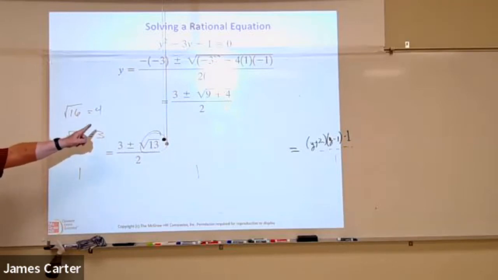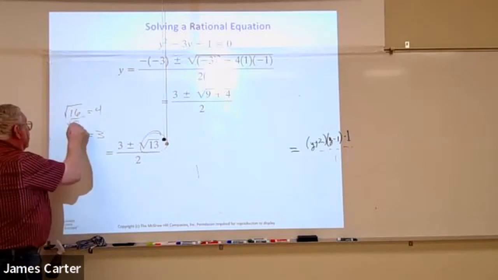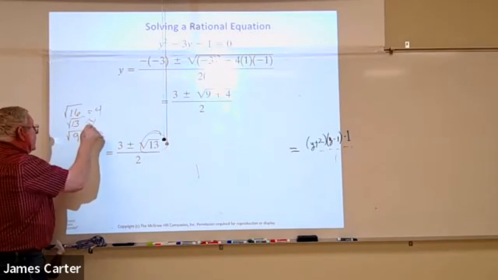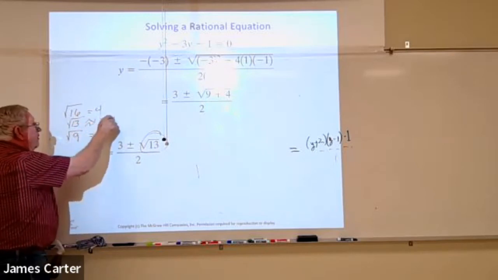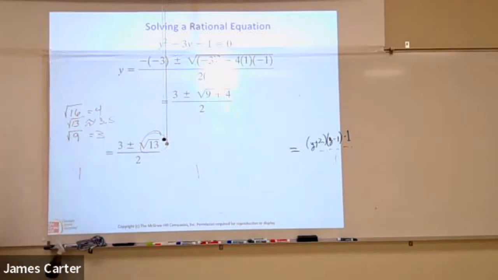For the sake of graphing, a 3.5 is approximately 3.5. For the sake of graphing, that's good enough. That's close enough, because we can't get any accurate of even the tenths to tell the truth. Okay?